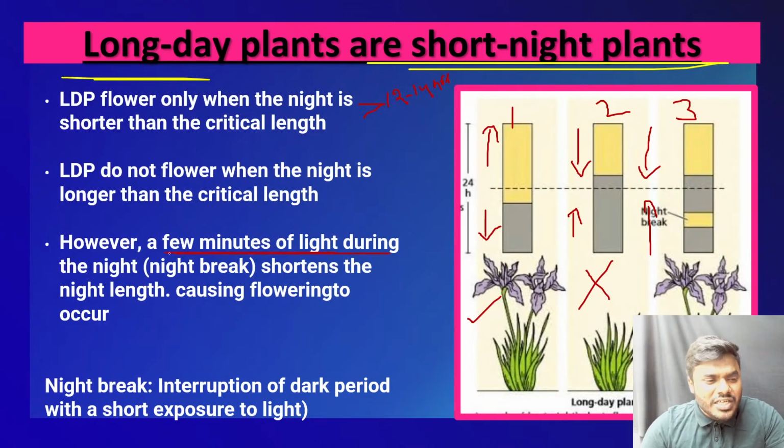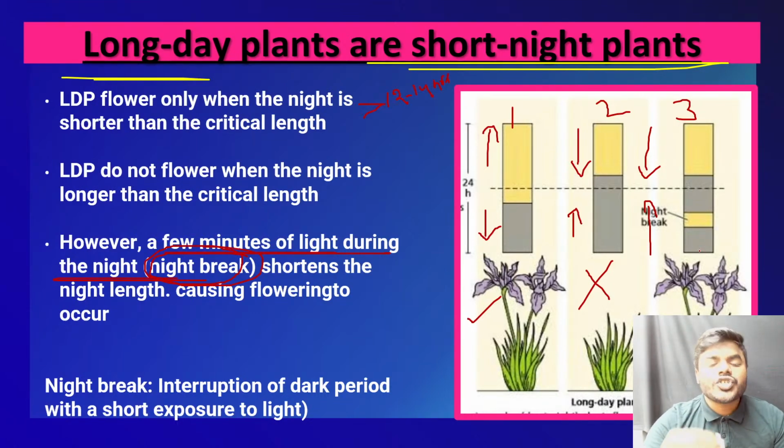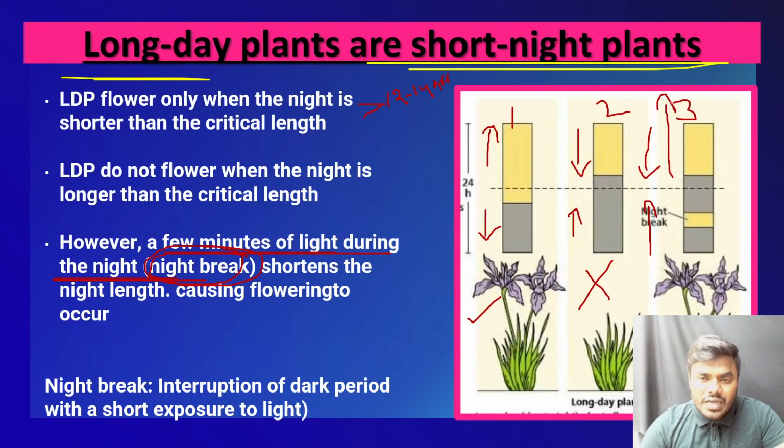A few minutes of light during the night, what do you call that, friends? We call it the night break. Because of the night break, the night length is getting shortened. When the night length gets shortened, obviously day length is getting increased.